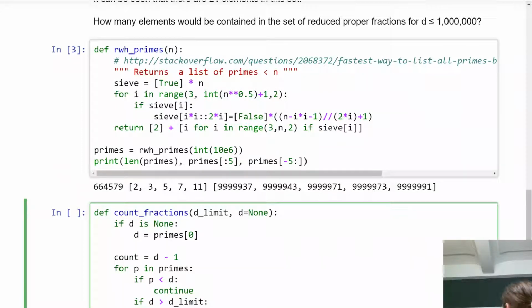Yeah, this is what we said earlier, right? It's either the numerator is a prime or the denominator is a prime. If the denominator is a prime, we know that the number is d minus 1. If you have the list of all primes, and you have 3 times 5 over 6 times 7, both are prime and it's not reduced.